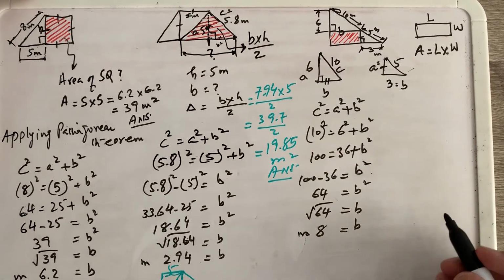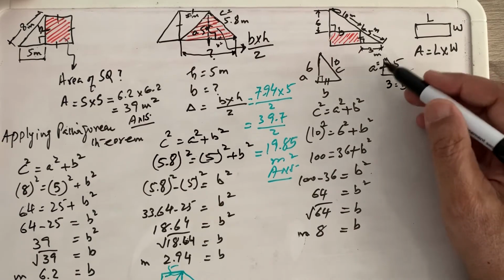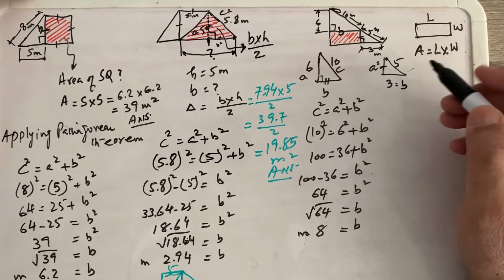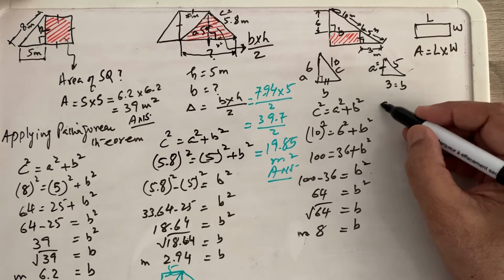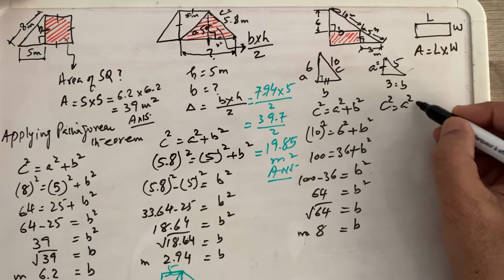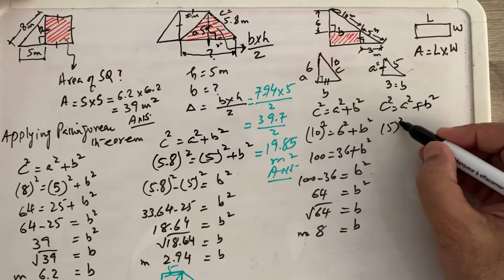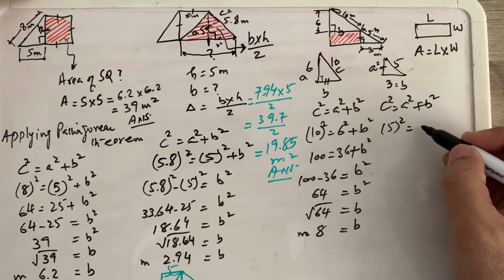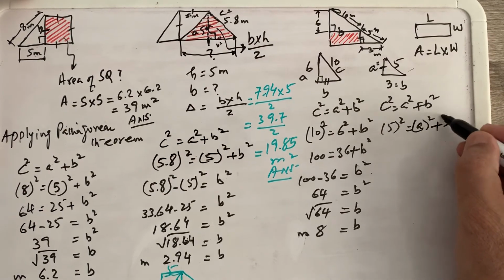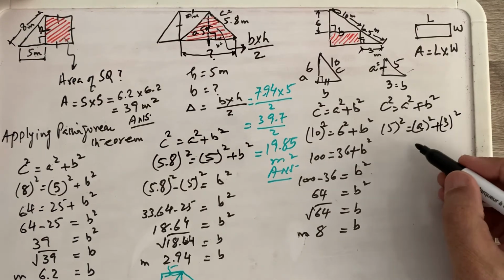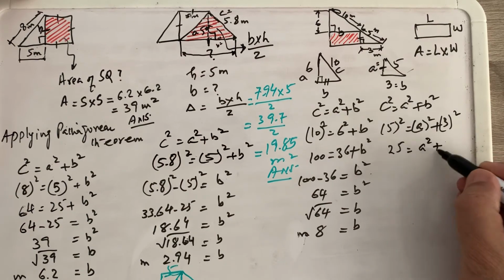Now I have one side, and I have to use the theorem a second time to get this value. So c square is equal to a square plus b square. Here 5 square, the hypotenuse which is c, is equal to a square, which is unknown in this case, plus 3 square, which is known. So 5 square is 25, equal to a square plus 9.